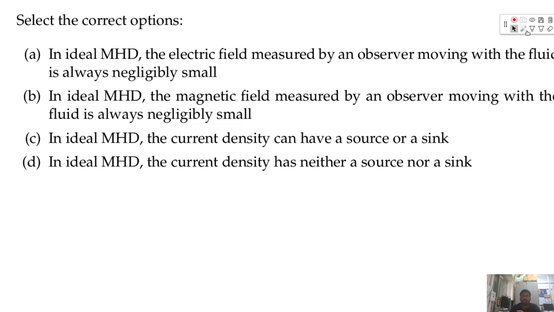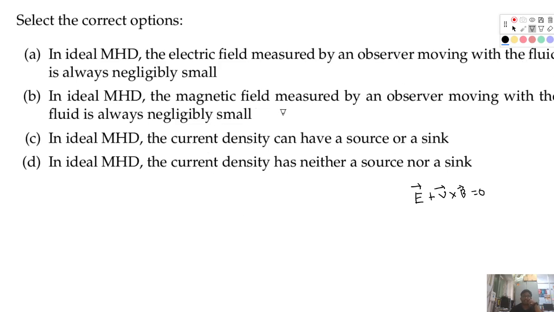So you have this E plus V cross B, right? So this is equal to 0 for ideal MHD. So now, what happens is this E plus V cross B, this entire thing will give you the electric field which will be measured by an observer moving with the fluid.